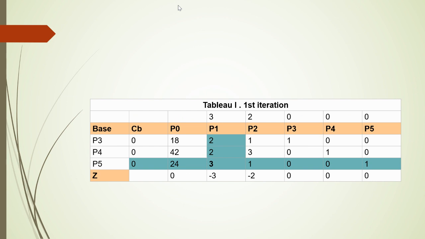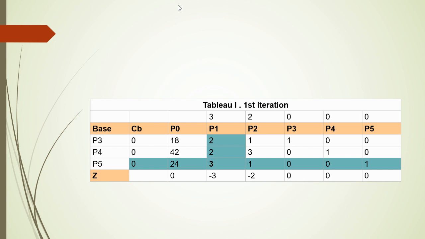See, here the x3 coefficient is 1, and the x4 coefficient is 1, and the x5, or P5, coefficient is 1.